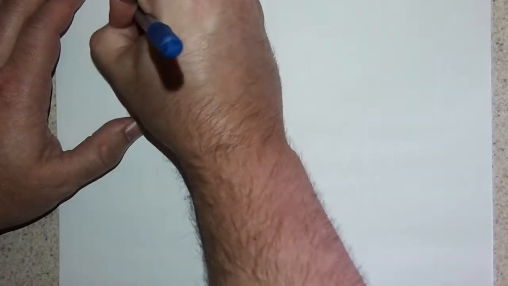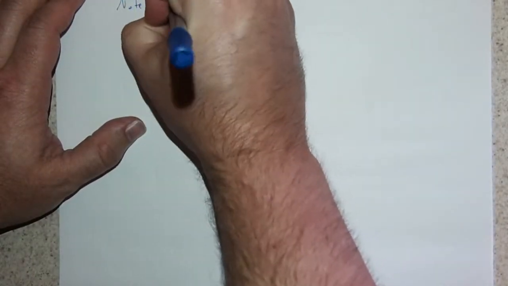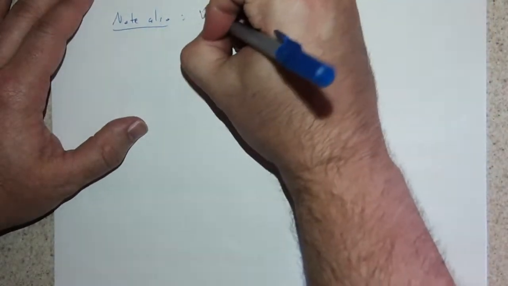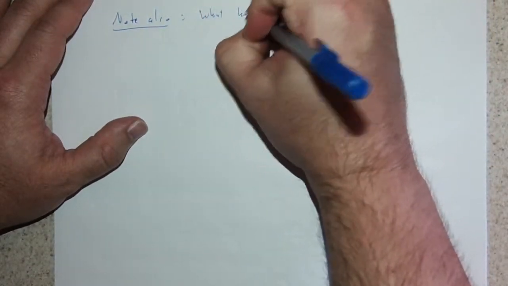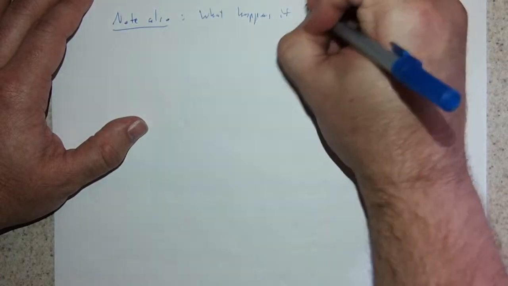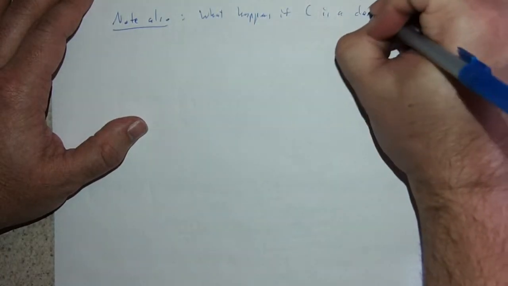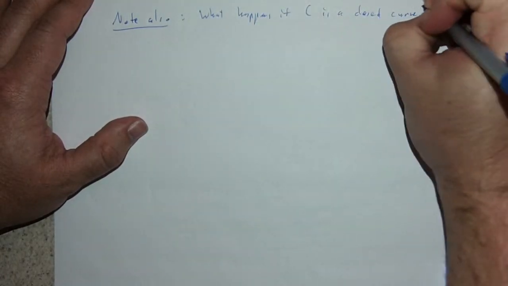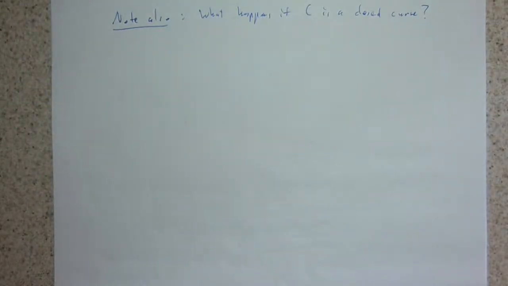But what is something else that's going on here, right? So note also, what happens if C is a loop? So what happens if C is a closed curve in this particular example?